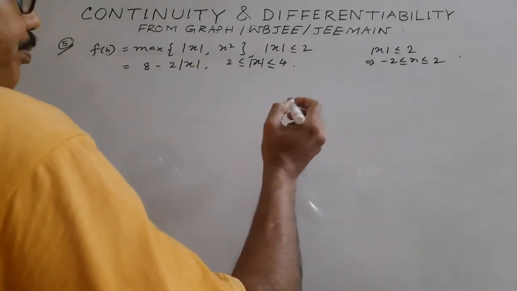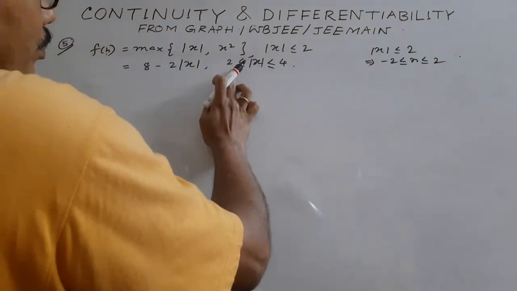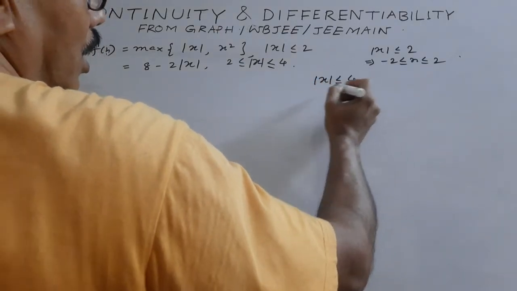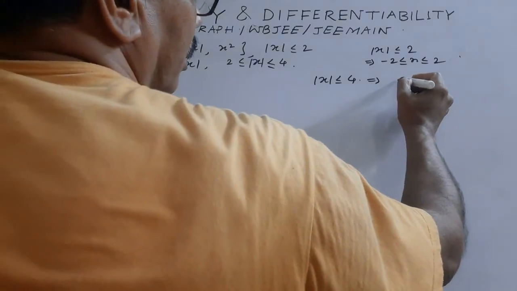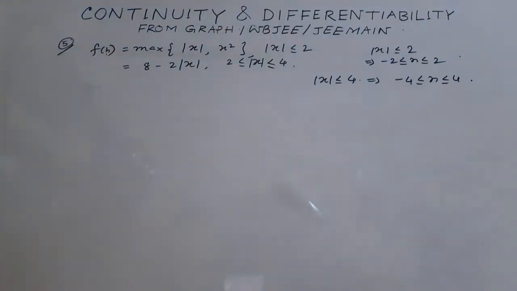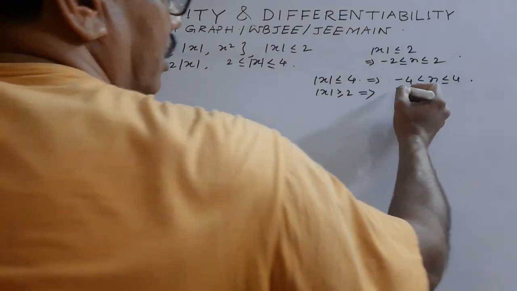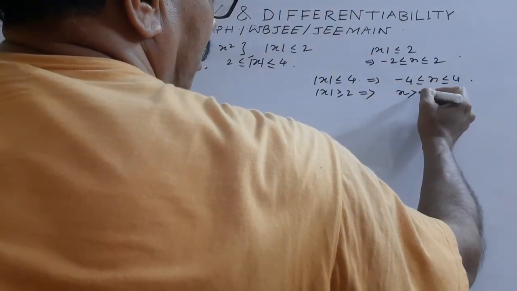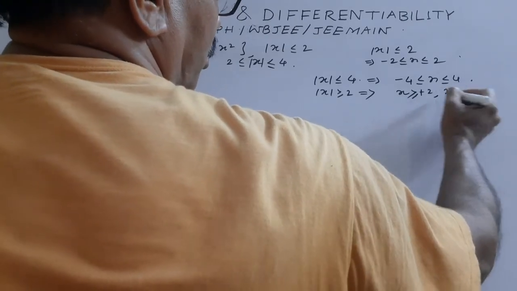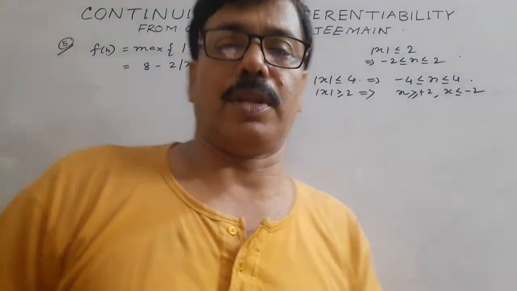This means, look, mod x less than or equal to 4 implies x lies between minus 4 and plus 4, and mod x greater than or equal to 2 implies x greater than or equal to plus 2 or x less than or equal to minus 2, not lying in the interval.